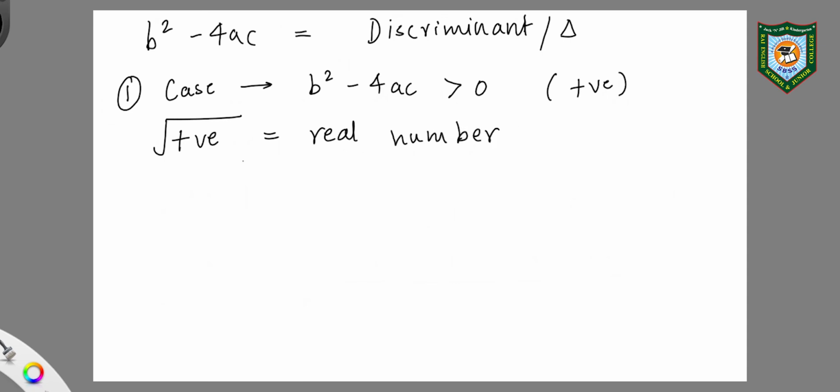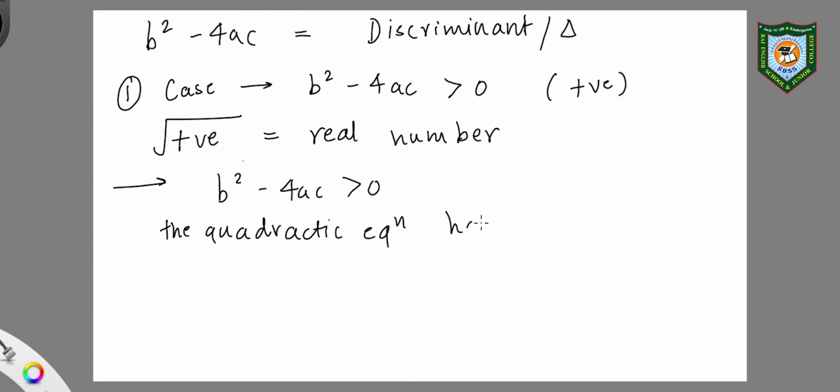So this implies if b square minus 4ac is greater than 0, that means the quadratic equation has two roots which are different in value.